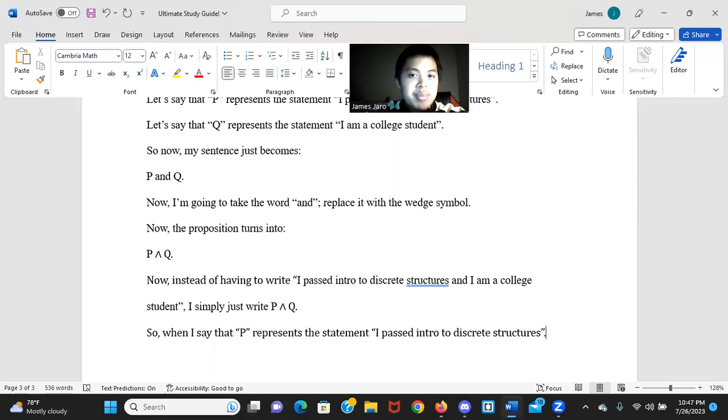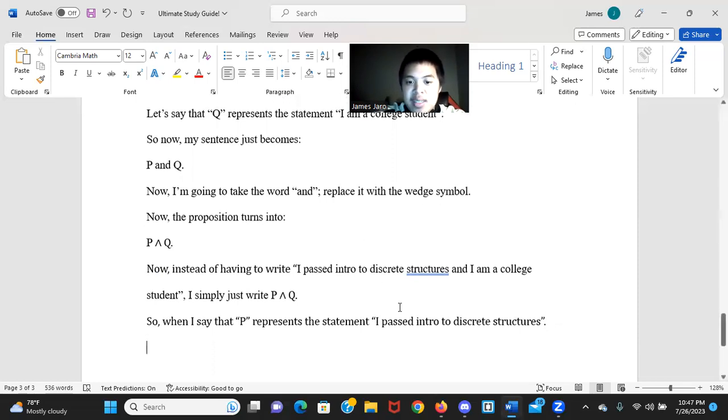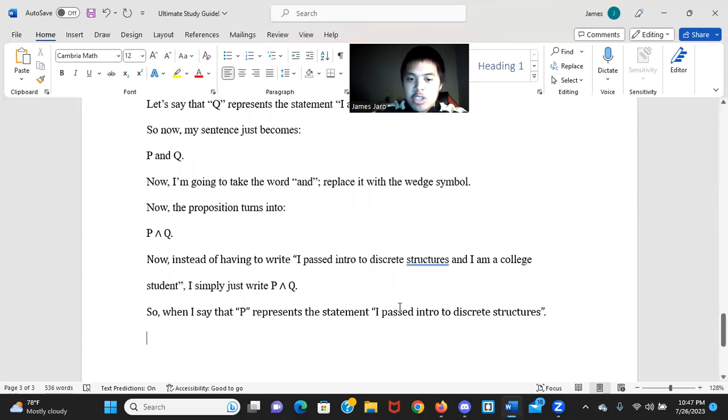We have a special name for them, but for now, rather than saying P represents the statement I passed introduction to discrete structures, in the logic world, what we can say is that P is equivalent to the statement I passed introduction to discrete structures.